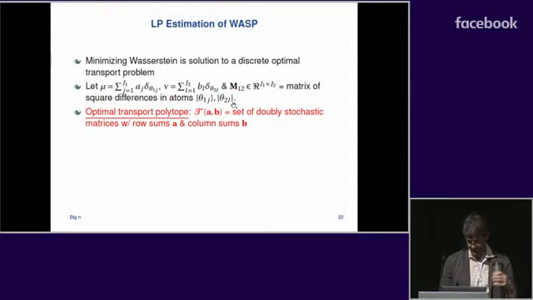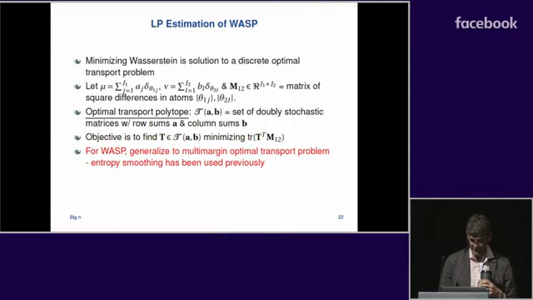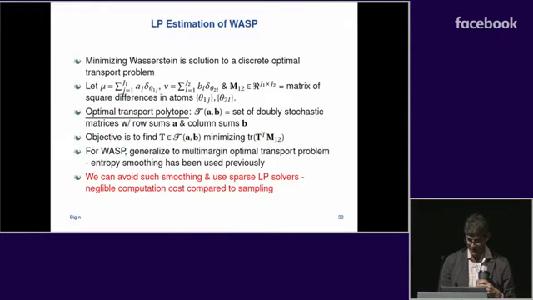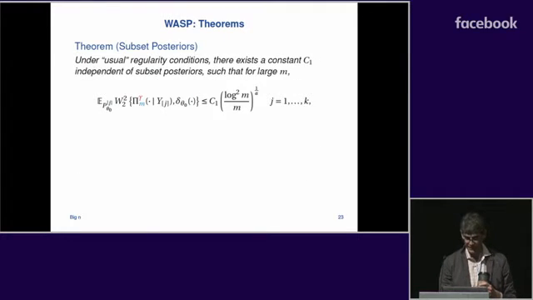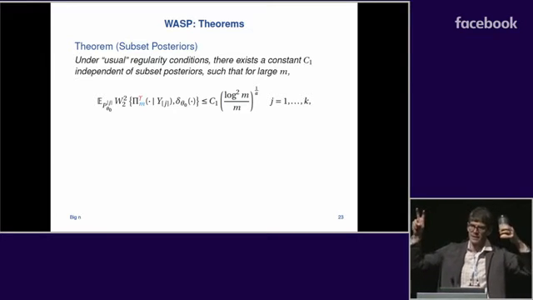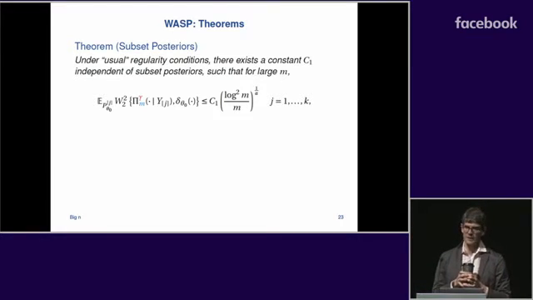We can define what's called an optimal transportation polytope, and we can then solve this type of optimization problem using stuff that's already been developed in the literature for solving these types of optimal transport problems using sparse LP solvers. One nice thing is that we then get this WASP posterior approximation, and we can prove lots of things about this approximation.